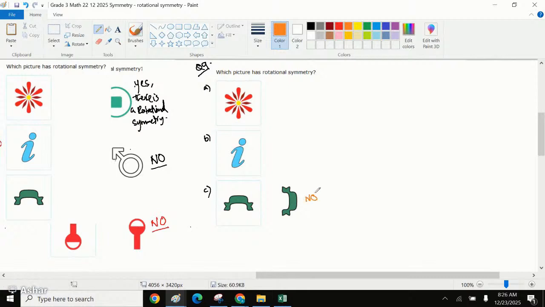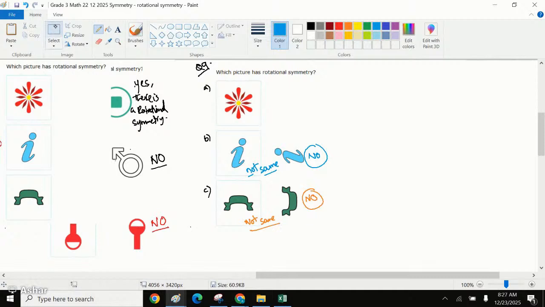No rotational symmetry, because after rotation they don't look the same. We carry this one, and if we try to rotate this, do they look the same? No, they still do not look the same.